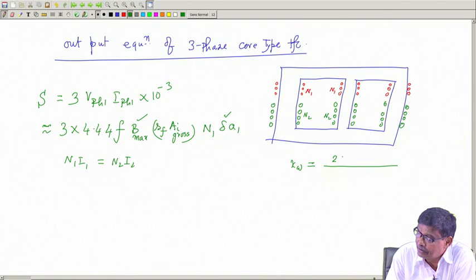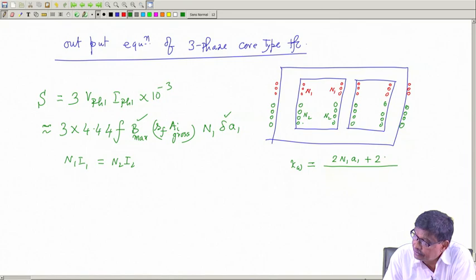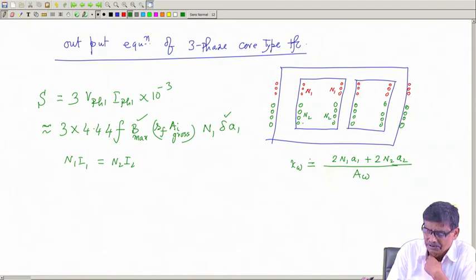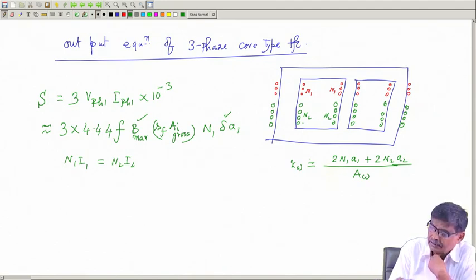Area covered by copper is N 1 A 1 plus N 2 A 2, this cross sectional area. So, 2 N 2 A 2 divided by the total area available, and then N 1 A 1 is equal to N 2 A 2, you substitute, and for N 1 A 1 you put it there.